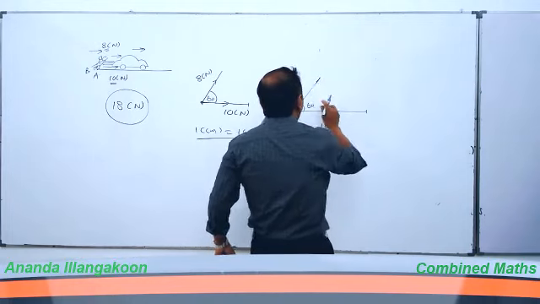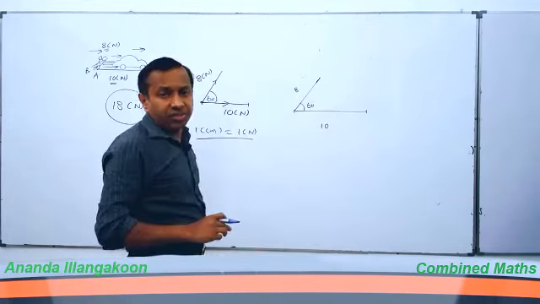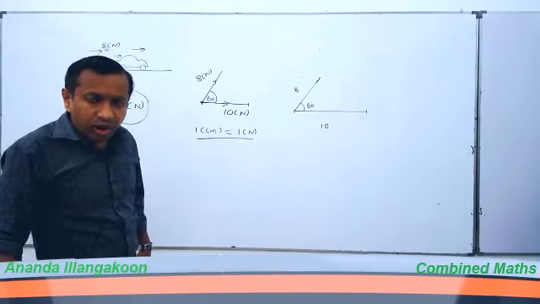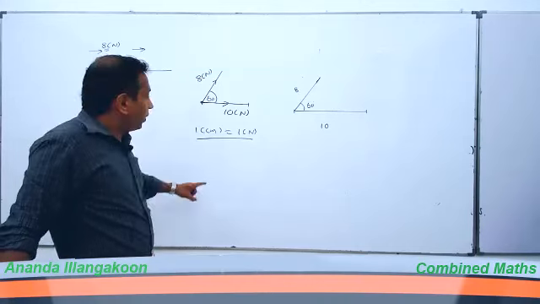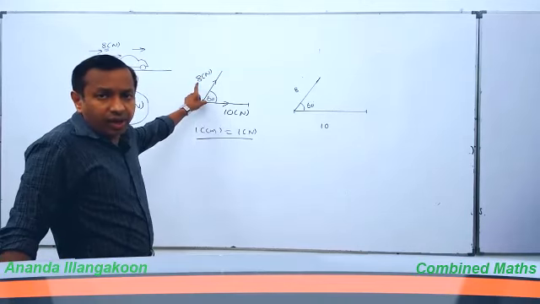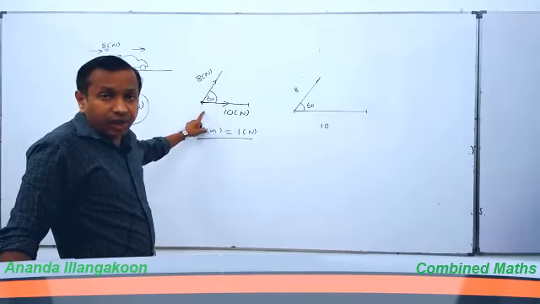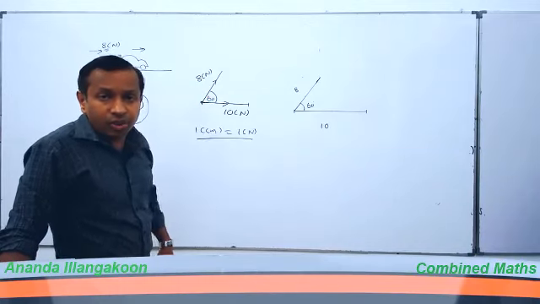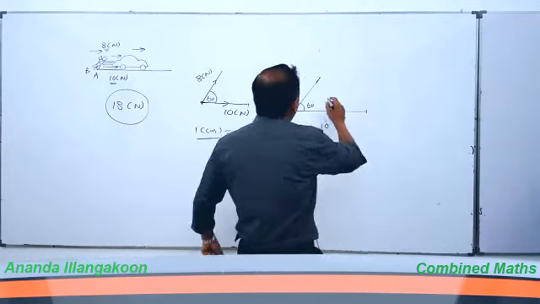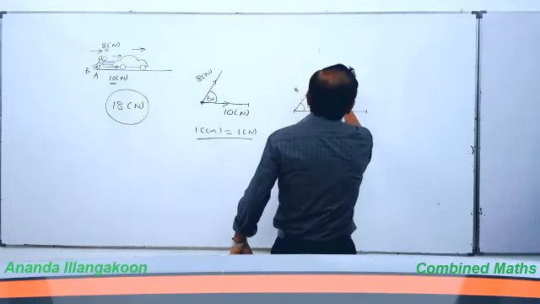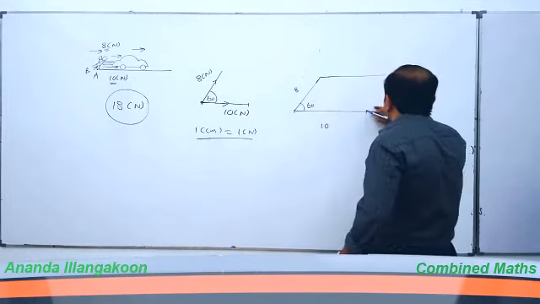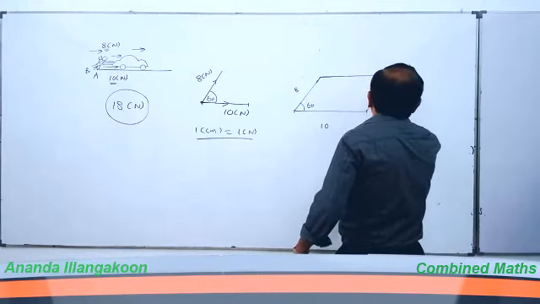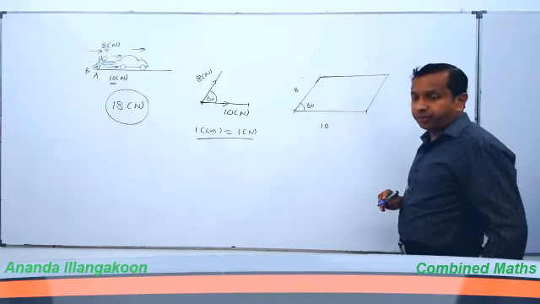Now we have two adjacent sides of a parallelogram, representing the two forces, 10 and 8 Newtons, acting on this particle. Now the parallelogram law says, people, complete this parallelogram by drawing the other two sides.